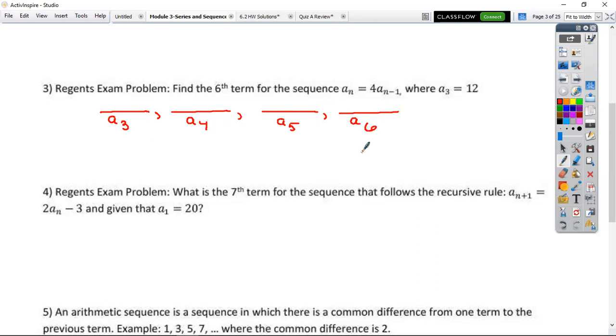So I'm going to fill in what I know. I know the third term is 12. And what is the formula telling me to do? So the formula is telling me to do 4 times the previous term. So this stands for 4 times previous term.